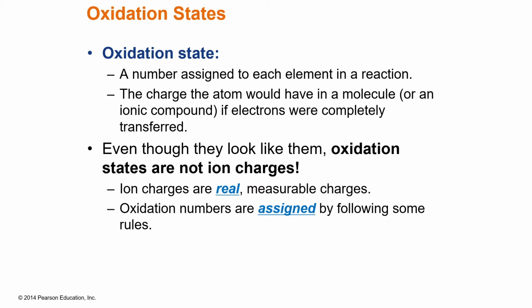Now, oxidation states are not ion charges, even though they look like them. An ion charge is real. These are measurable charges. Oxidation numbers are numbers that are assigned by following a set of rules. Let's see what those rules are.